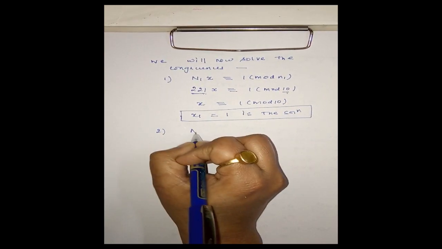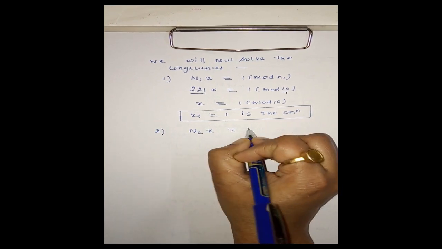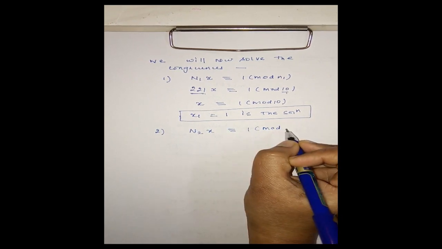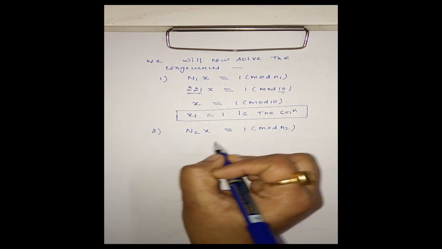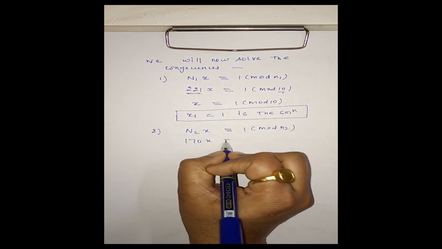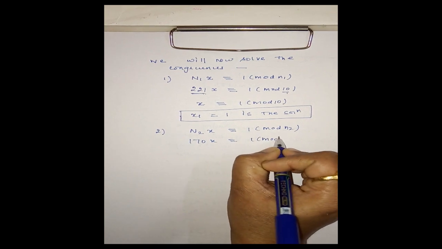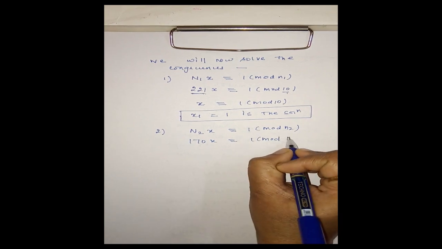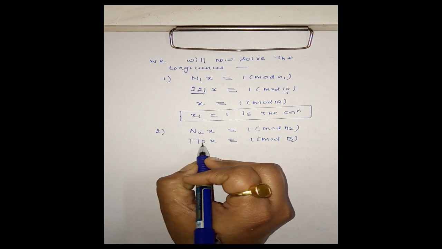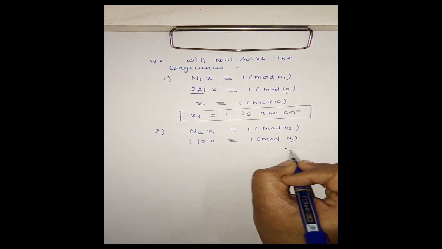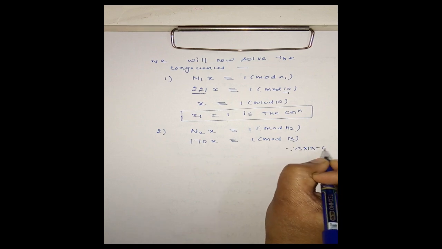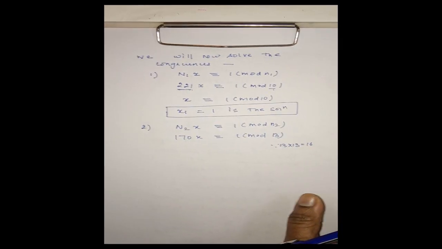Now, the next congruence we consider is n2x is congruent to 1 modulo n2. Here n2 is 170 and the modulus is 13. On dividing 170 by 13, remainder is 1, since 13 into 13 is 169.